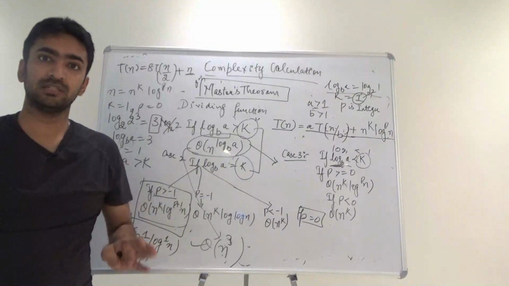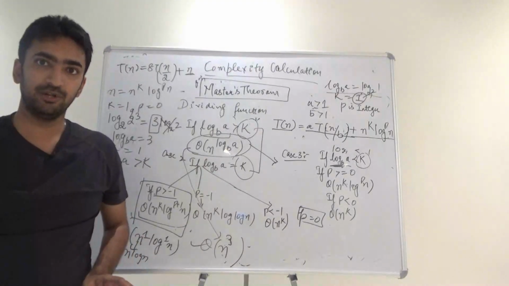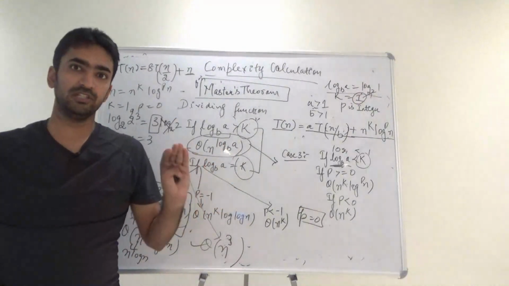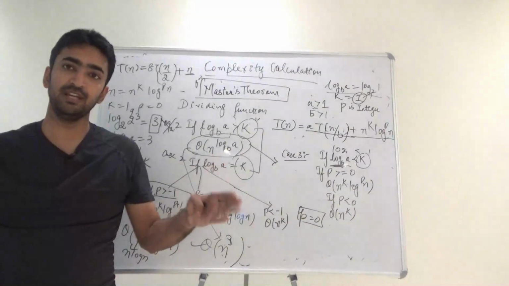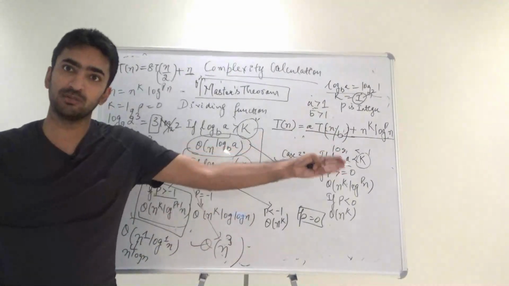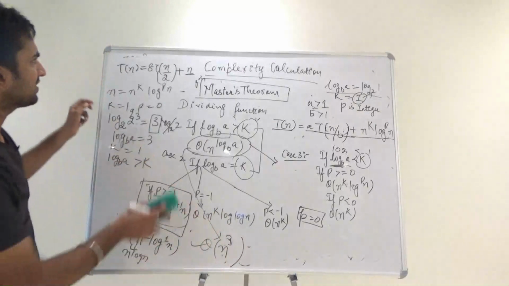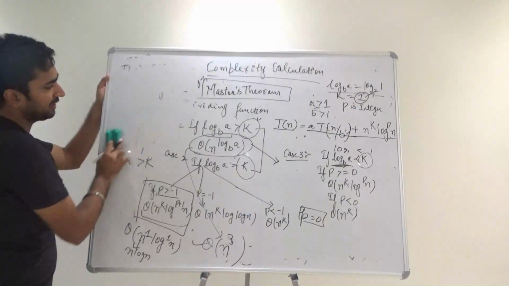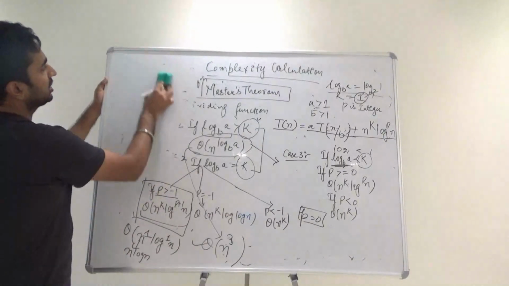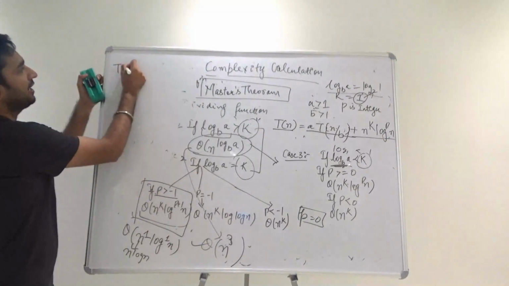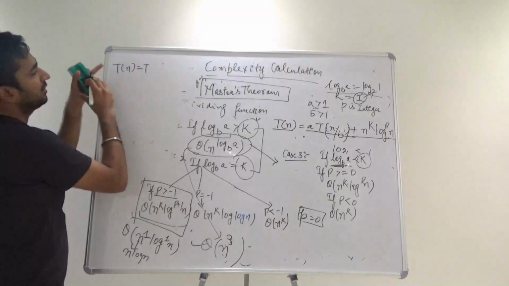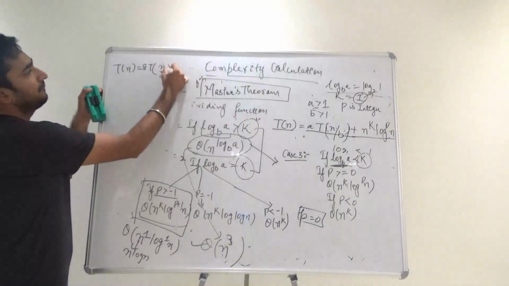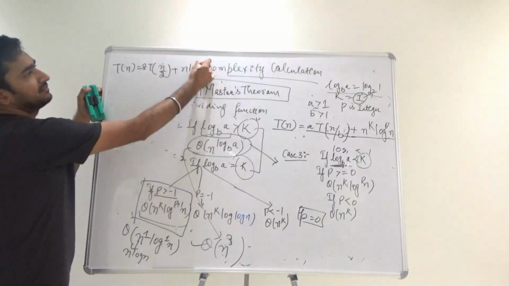So we discussed all the 3 cases in this particular video. We calculated all the recurrence relations. Now we just need to find out p. P is found out if there are no log terms; by default it is 0, but there are some cases where the p value can be given. For an example, we can get a question of T of n equal to 8T(n/2) plus n log n.